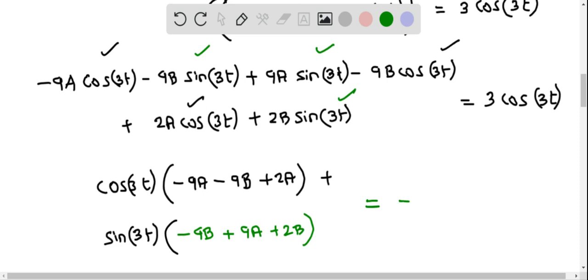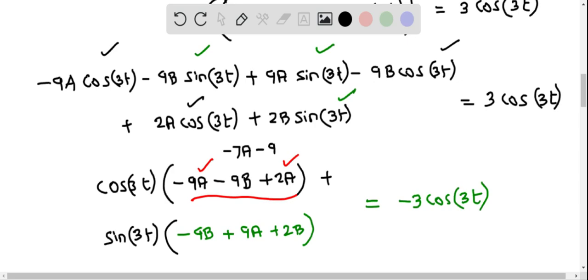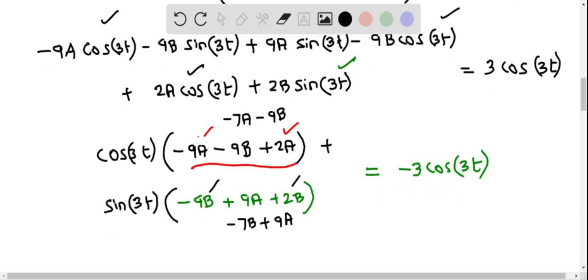So this equals, on the right side, 3 cosine 3t. We now simplify these expressions: negative 9a and positive 2a is negative 7a, and then we have negative 9b and positive 2b, so this is negative 7b plus 9a. I'm going to replace it here.